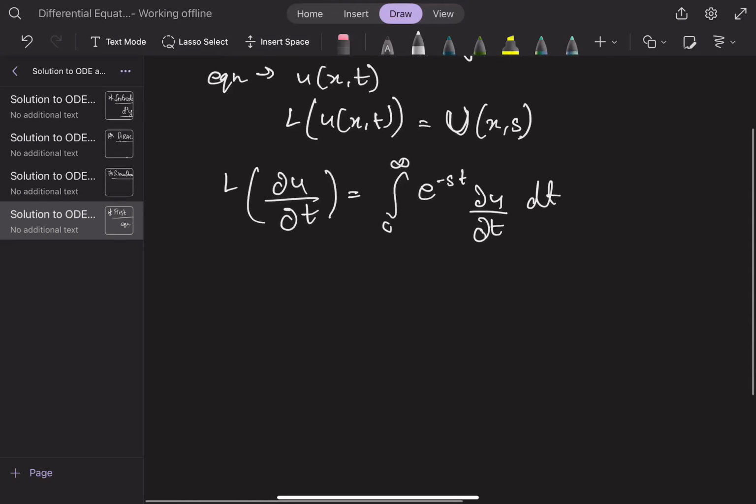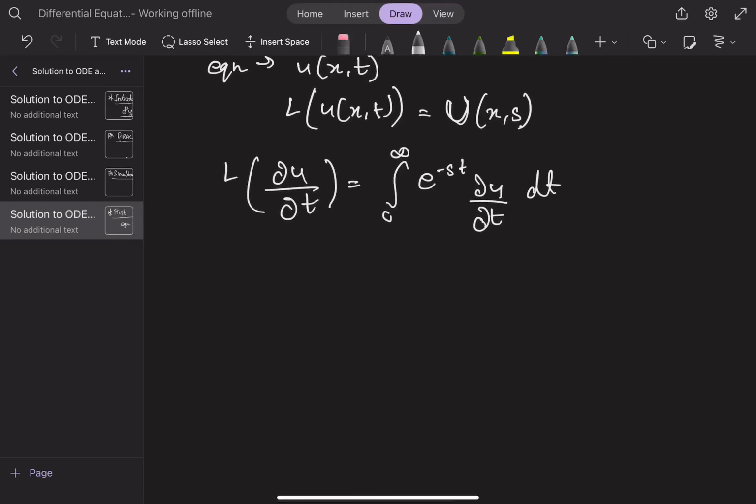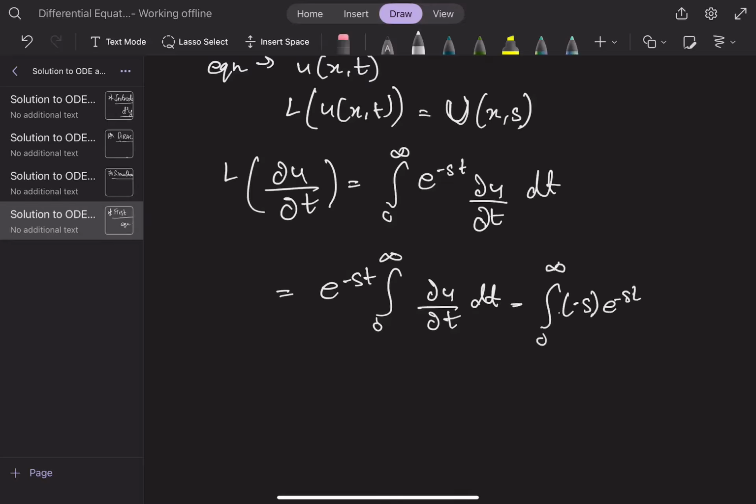Now if I apply integration by parts, I'll get e raised to minus st integral del u by del t dt, minus integral 0 to infinity of minus s e raised to minus st integral del u by del t dt, and dt.